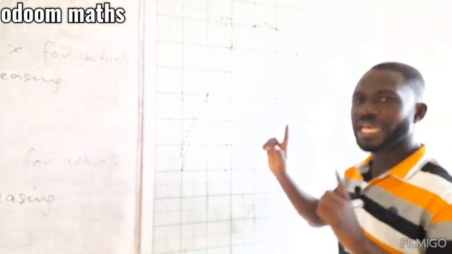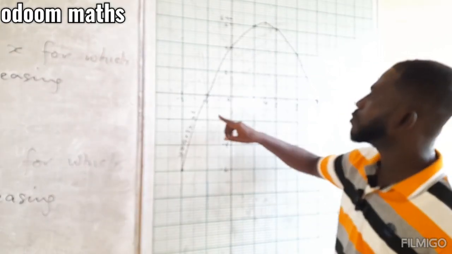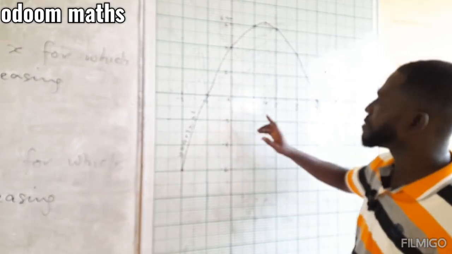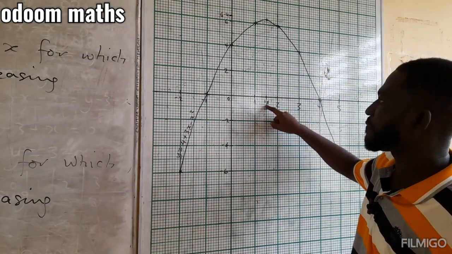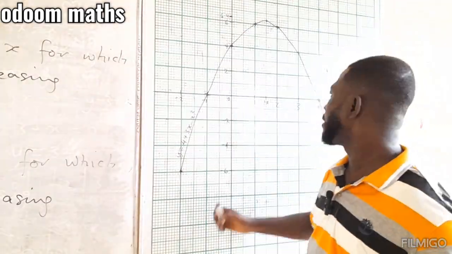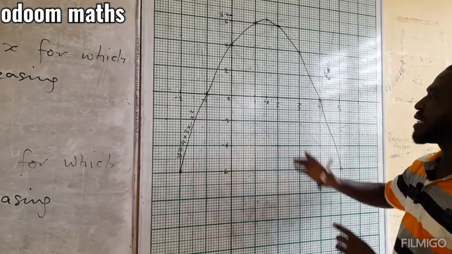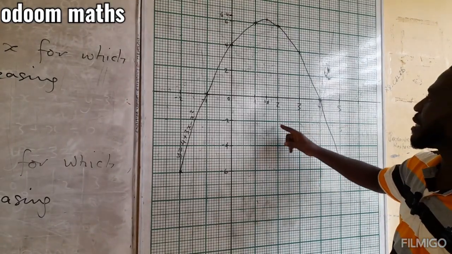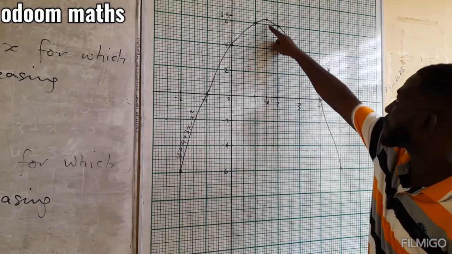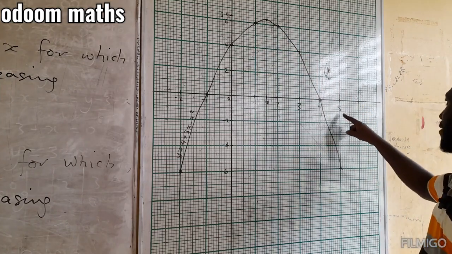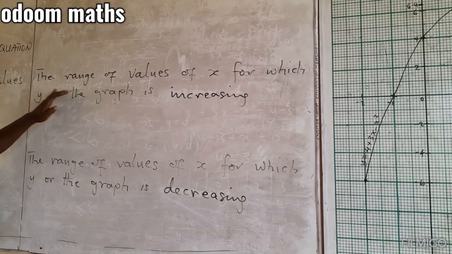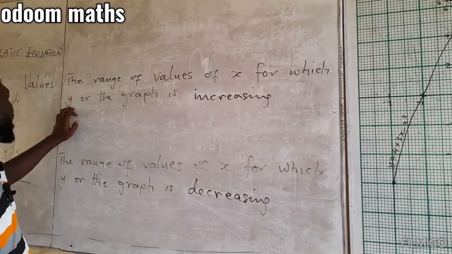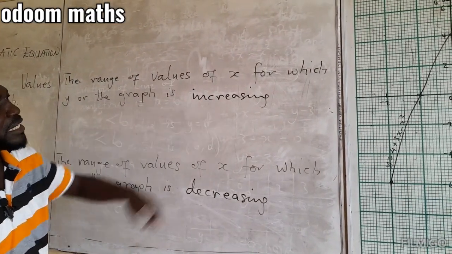So it means we need x values. So the x value that makes this graph increase is from -2 to 1.5. And the one that makes the graph decrease is from 1.5 to 5.